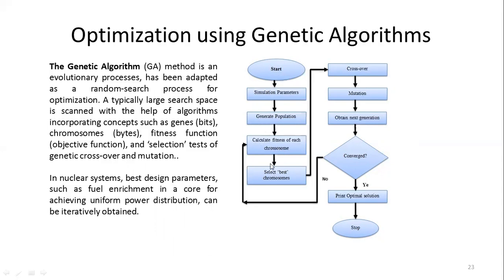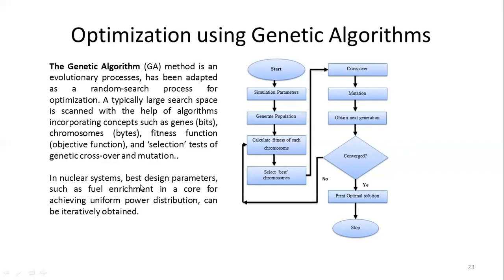And then the survival of the fittest, you select the best chromosomes. This is Darwin's theory of evolution, but this is what he thought nature follows. And so from the best chromosomes that you found, you carry out a crossover, mutation, and you obtain the next generation. See if the solution is converged. If yes, then you've got your solution. Otherwise, you go in the iterative fashion to carry on until an optimal is found.